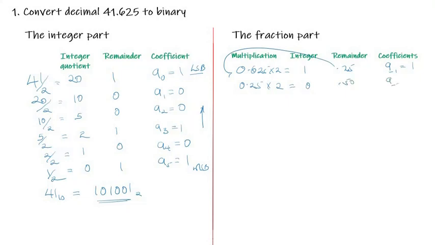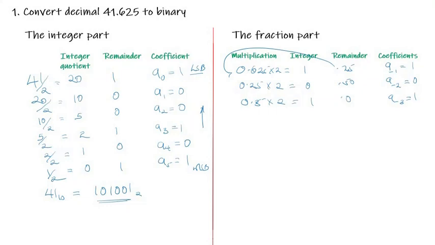Therefore, a-2 is 0. Similarly, I bring that remainder, 0.5, multiplied by 2, which gives me 1.0, and a-3 is 1.